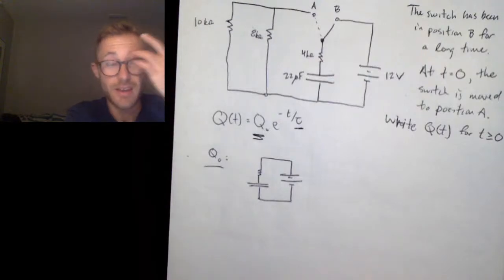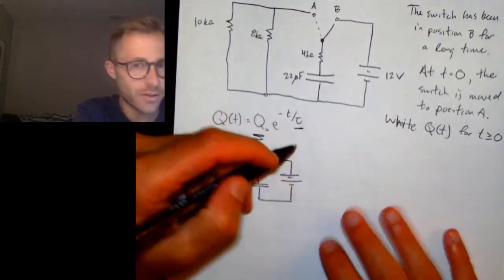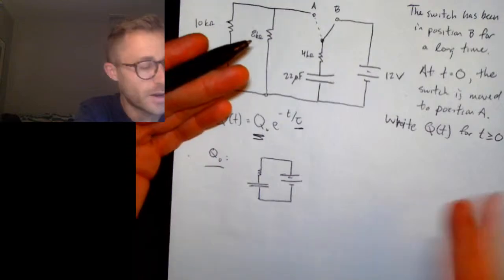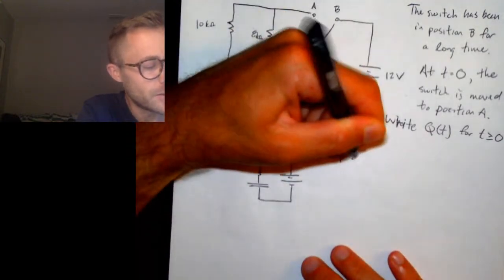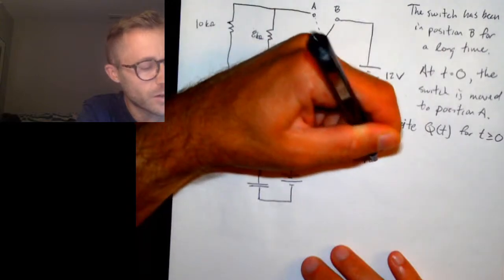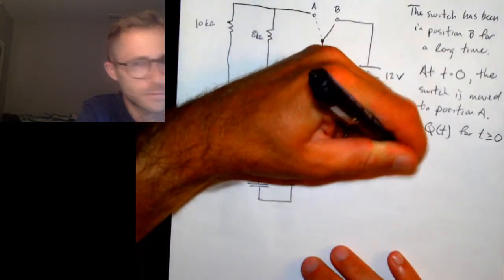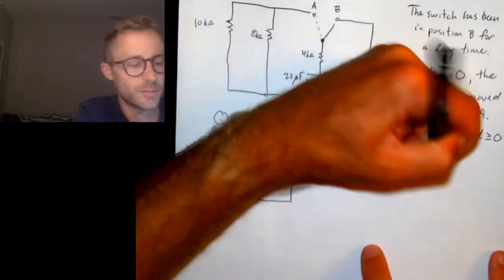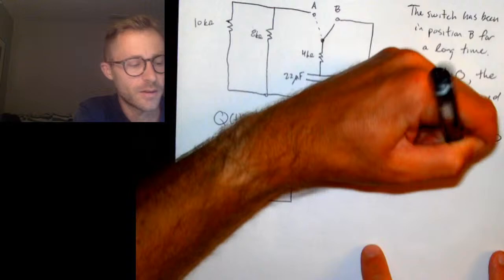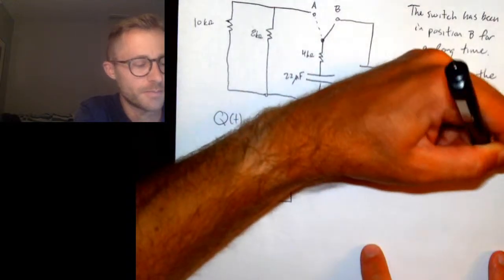Okay? And the circuit has been like this for a long time. So that means that the capacitor is fully charged. All right, because it was in position B for a long time.